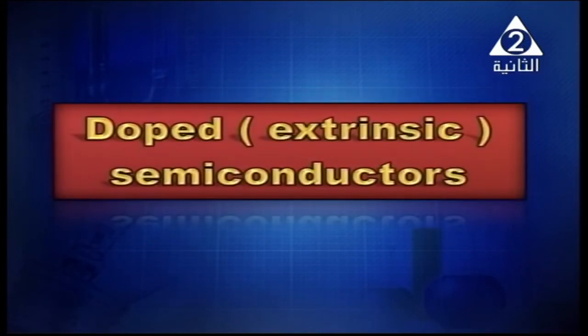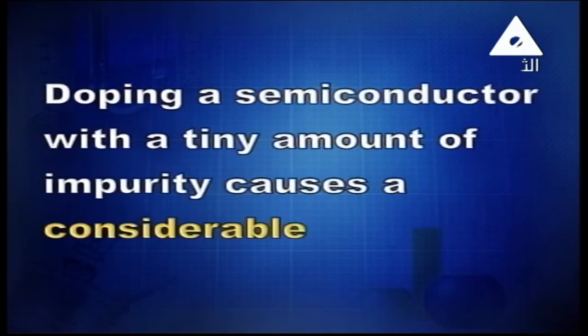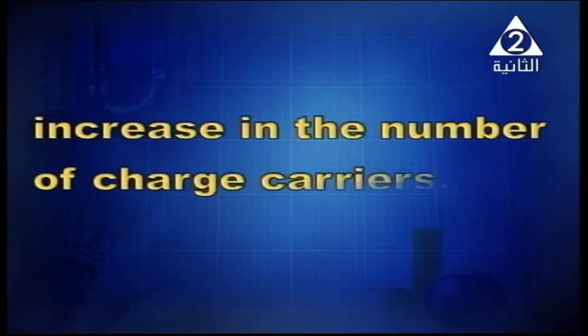And now talking about extrinsic semiconductors. These are semiconductors which are doped with impurities, in certain amounts. As a matter of fact, doping a semiconductor with a tiny amount of impurities causes a considerable increase in the number of charge carriers.